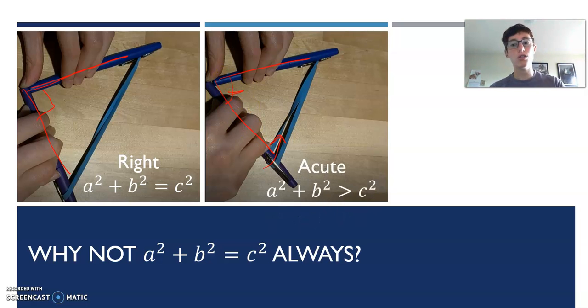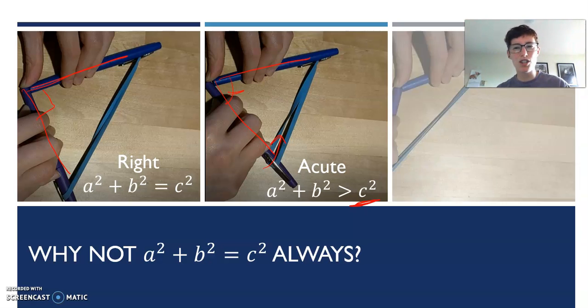We call this an acute triangle in this case. And notice this means that you'll find a squared plus b squared is going to be greater than c squared, because my hypotenuse length right here is too small. It won't make that equality. It will be an inequality here, because that hypotenuse has shrunk down and it's too small. Then what I did is I opened it back up. So now I'm letting that rubber band stretch as much as I can.